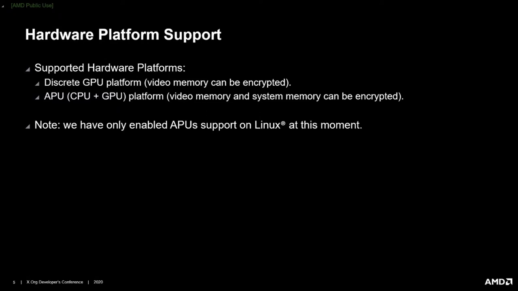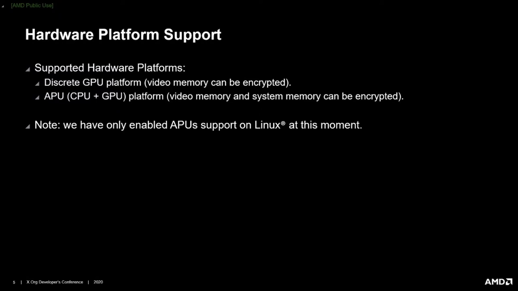And let's move to the hardware platform support. AMD has two kinds of GPU platforms, the integrated GPU and the discrete GPU. We also call the integrated GPU the APU platforms, like CPU plus GPU. Right now, let's look at the difference for these solutions. In discrete GPU, only video memory is able to be encrypted.